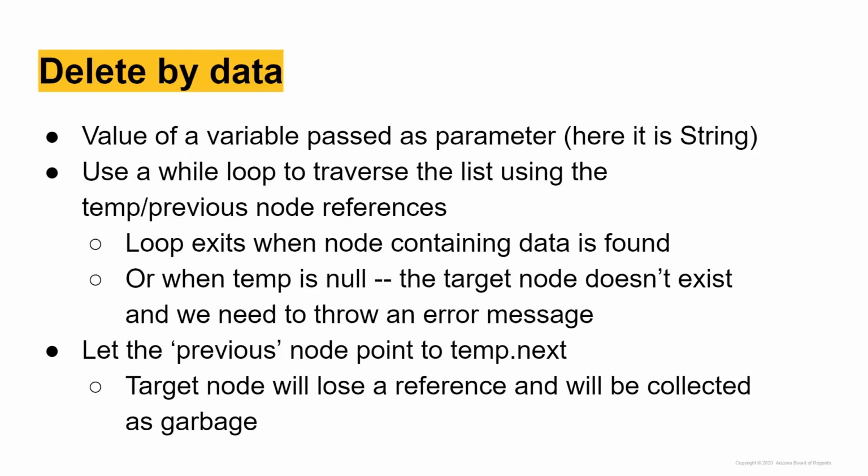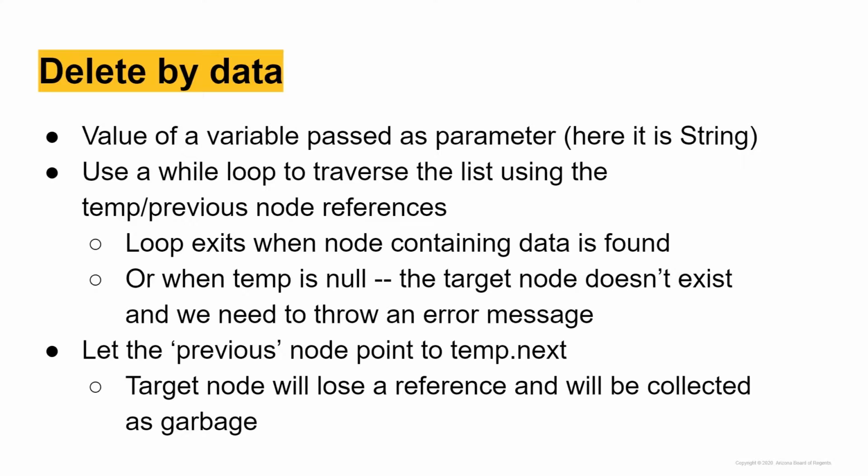Or if we run off the end of the list, if temp is null, then we know that the target node, the name that we want to delete, isn't even in the list at all, and we've made some kind of mistake, or we're trying to delete something that isn't there, and so we need to throw an error message.